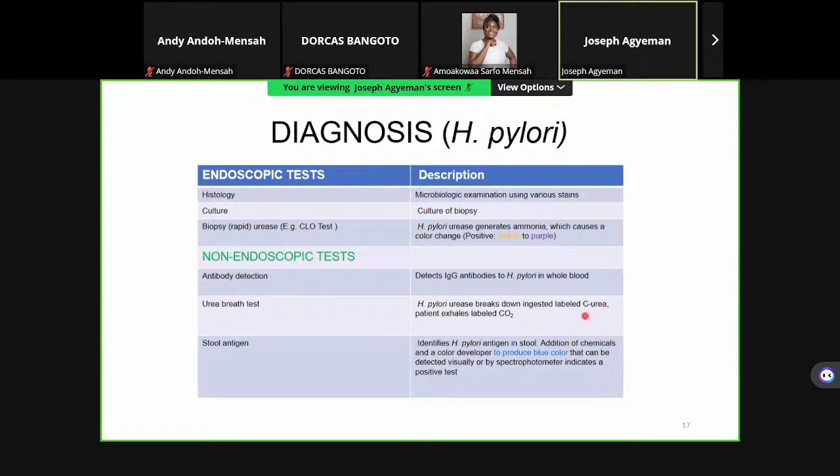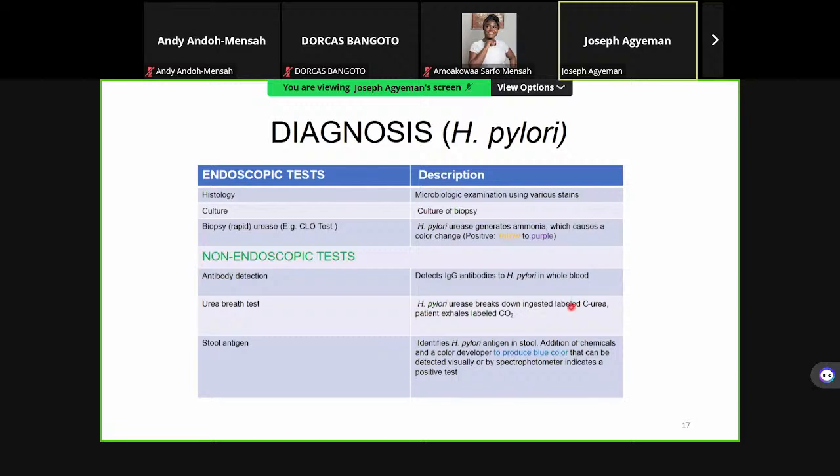So when the person breathes out into the machine, the carbon dioxide that comes out will have the labeled carbon.